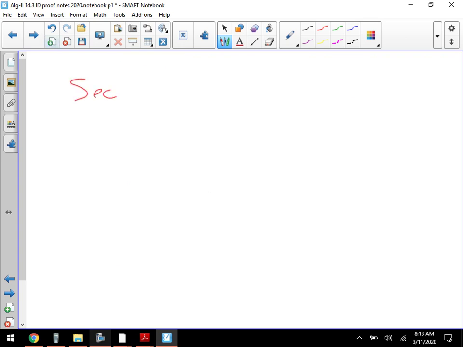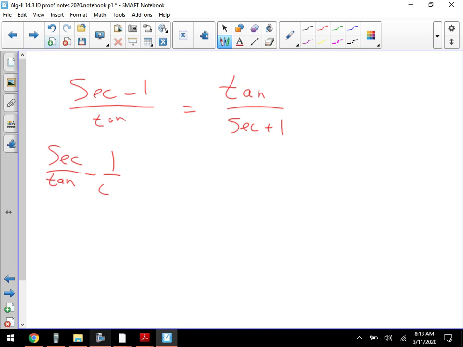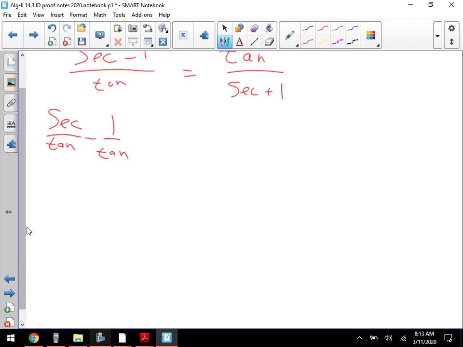So it's secant minus 1 over tangent, and I want this to be tangent over secant plus 1. If I'm looking at this right off the bat and I'm seeing that I've got 2 terms in the numerator, 1 in the denominator, I might just try to split it right away, see what happens. Worth a shot. So you have secant over tangent minus 1 over tangent. In this case, split them up here, we'll wind up with 1 over cosine over sine cosine.